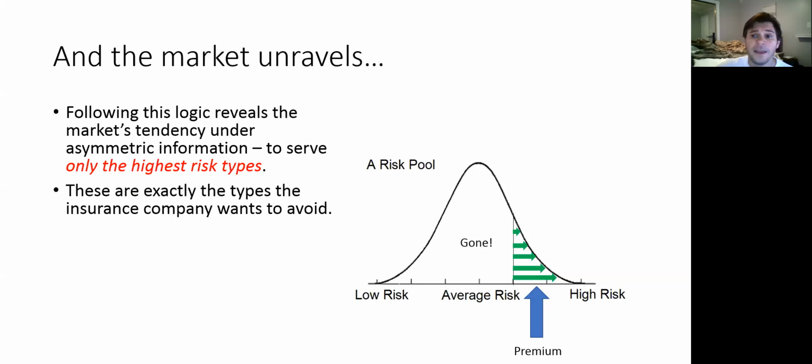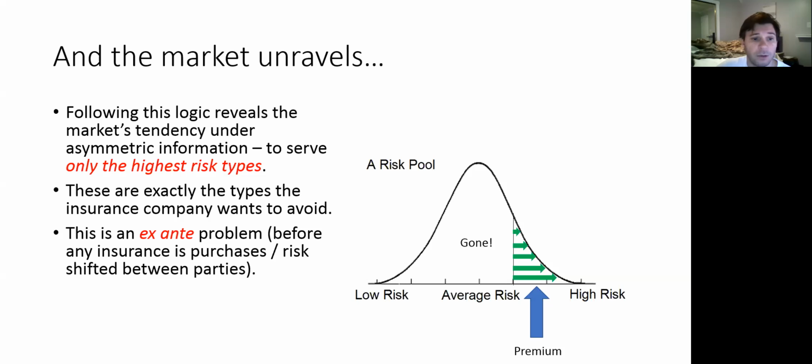Now, this is a problem here, this selection problem, adverse selection, where the market is choosing the riskiest type to participate. This is what we call an ex-ante problem in economics. This is a problem before any risk is shifted to a third party, before any insurance is purchased, and before any health outcome is really known, where the insurance payment will be relevant.